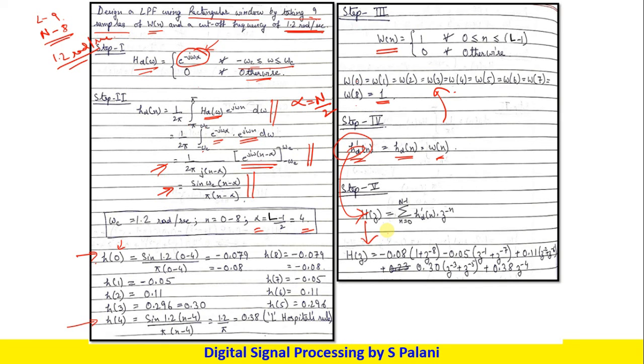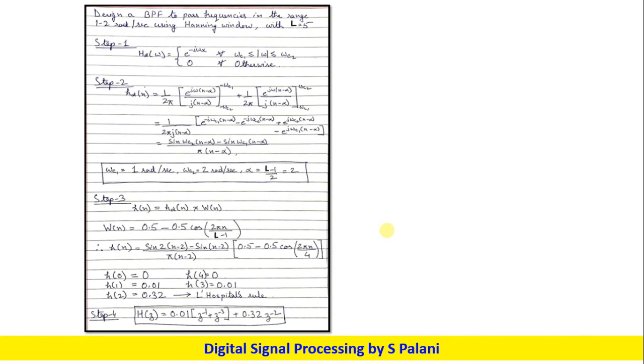Okay, so this is it for today. I would first like you to do this numerical on your own and see where you face trouble. Again, this is the same equation for band pass filters and the Hanning window. The process is the same, so I am not going into that.